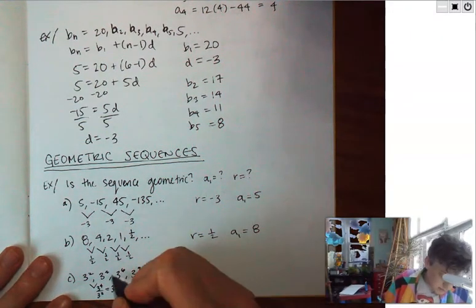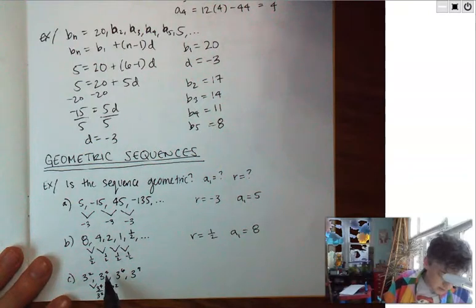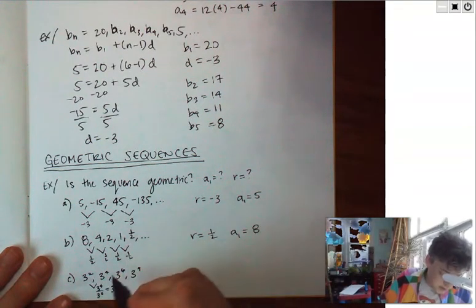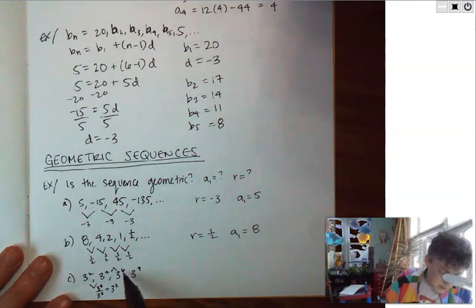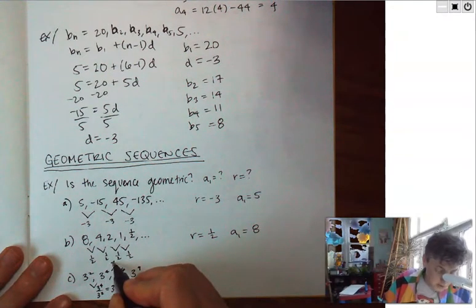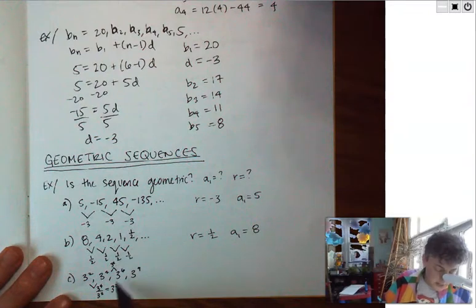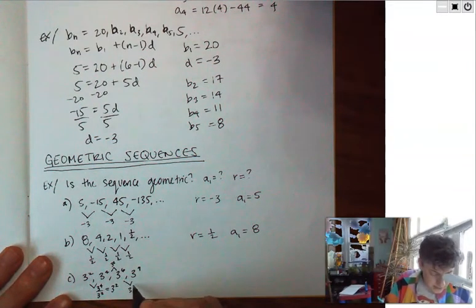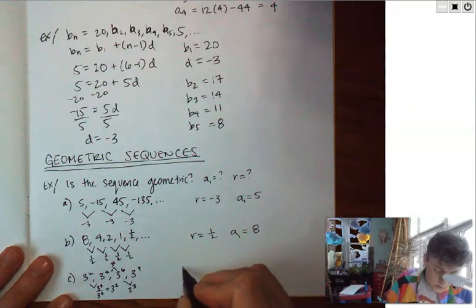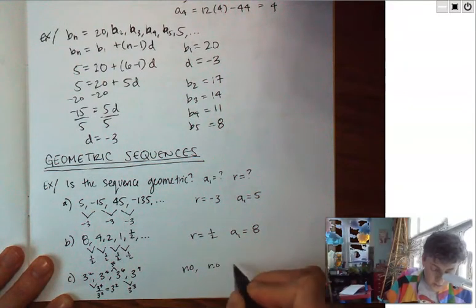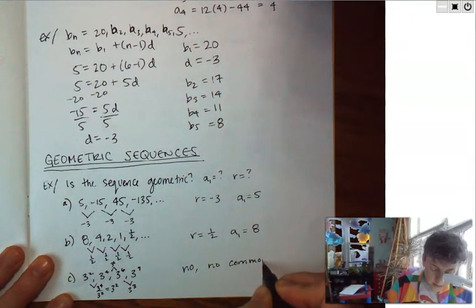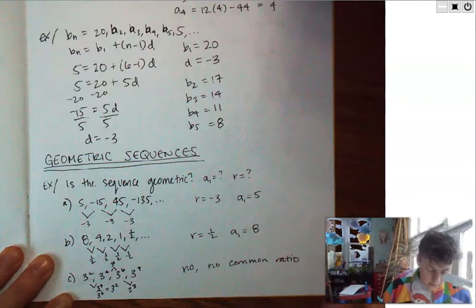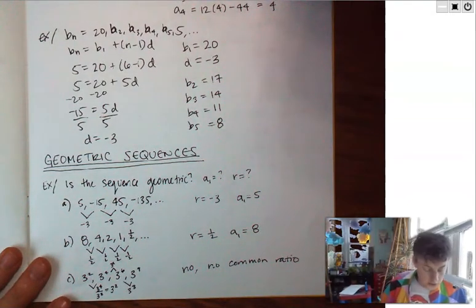Now I realize the pattern: I'm going to take that exponent minus that exponent to get the ratio. We're going to run out of space, so I'm going to go up. 6 minus 4 is 2, so 3 squared. We're looking good. Those are the same ratios, but then 3 to the 9th over 3 to the 6th is 3 cubed, so no. No common ratio. Gut was right. Should have stuck with it.